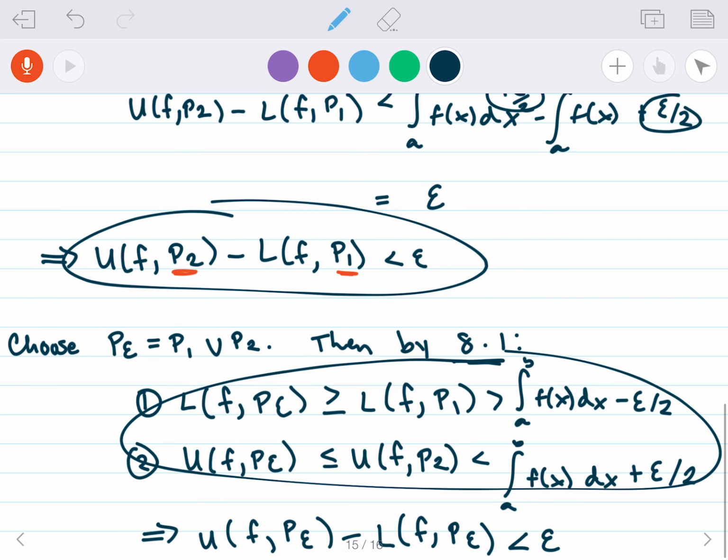So now we have what we want, and that direction is proven. We needed a single partition that would make this true.